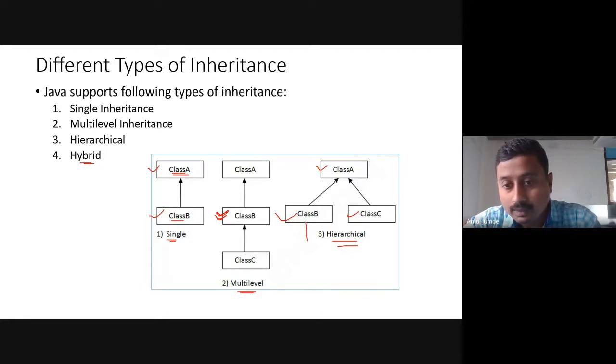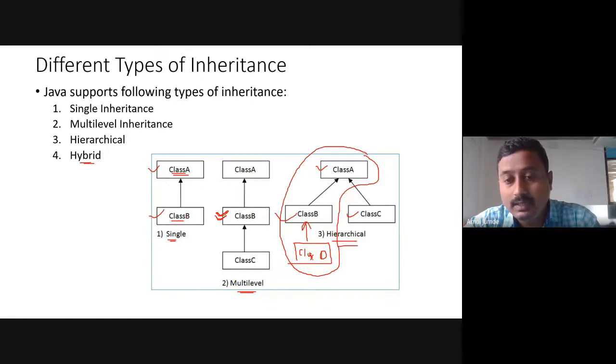Now there is another class D. If you see this subtree, this is multi-level plus hierarchical.